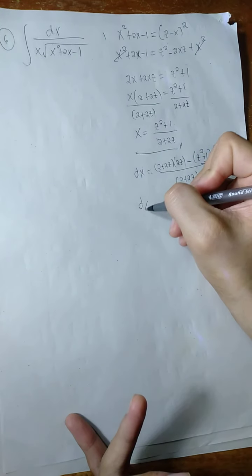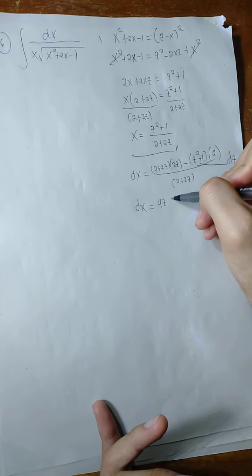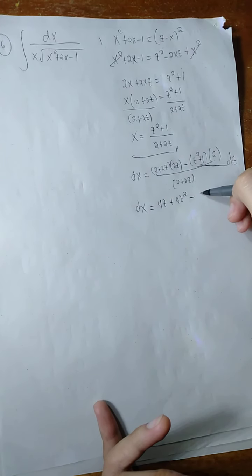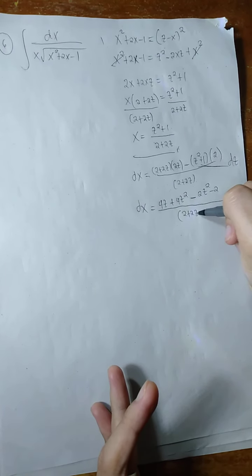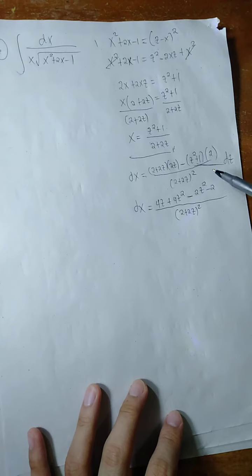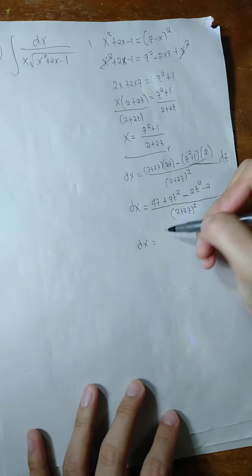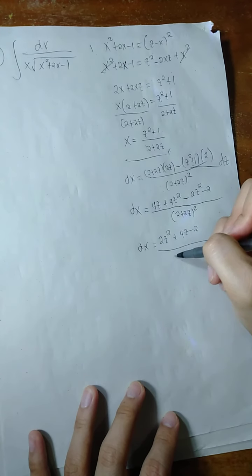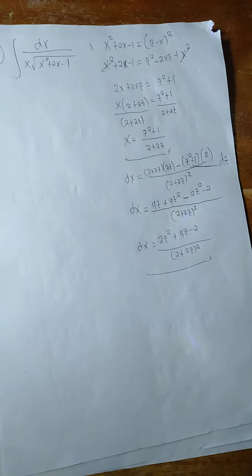So dx is equal to, distribute, 4z plus 4z squared minus 2z squared minus 2 over (2 plus 2z) squared. So we can simplify similar terms. Magiging dx is equal to 2z squared plus 4z minus 2 over (2 plus 2z) squared dz. So yun yung mga substitution natin.